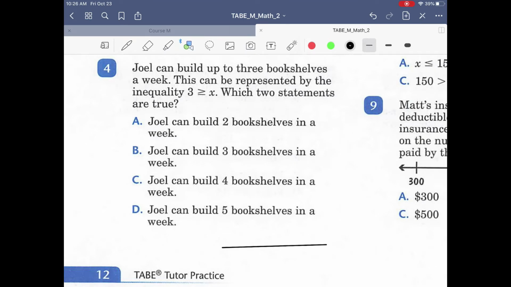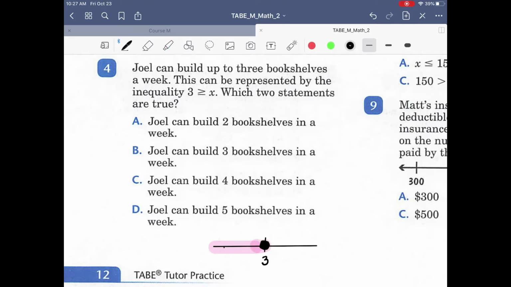So let me put a graph down here. And I can't draw a straight line today for the world. So here's 3. And here's the interval. He can build up to 3. So that means that the interval I'm looking at is this way, including the 3.